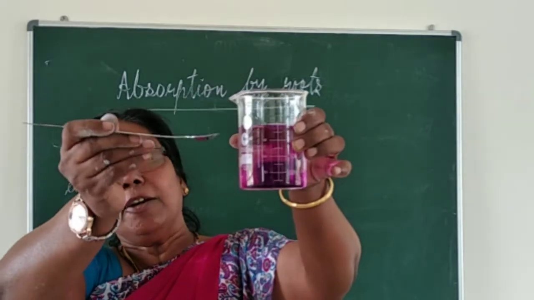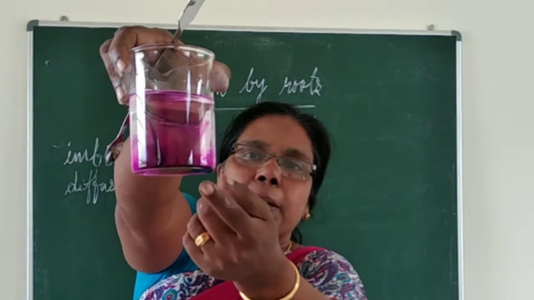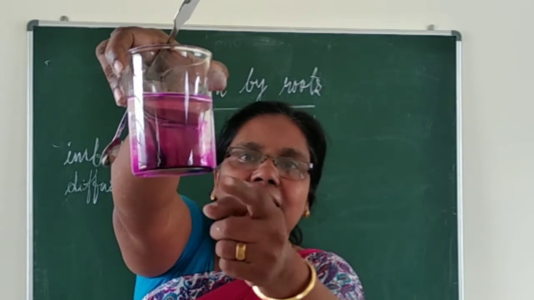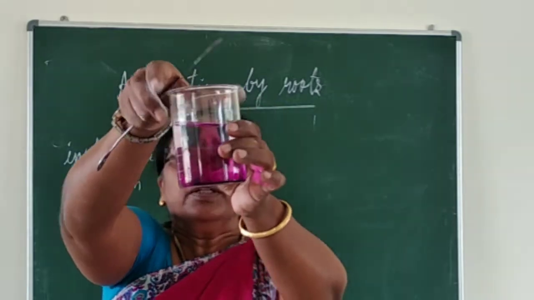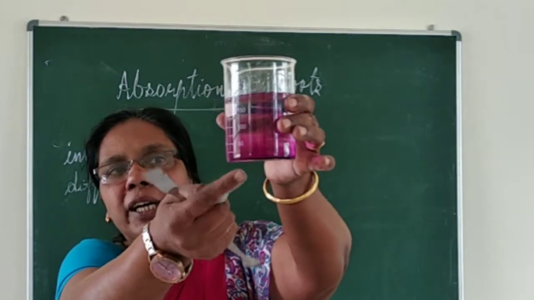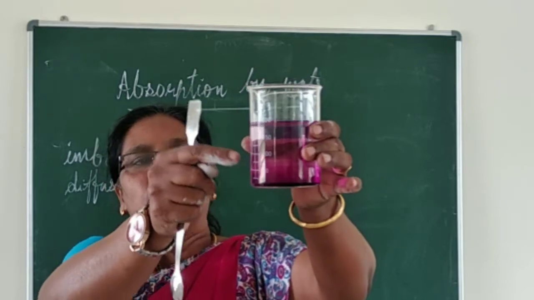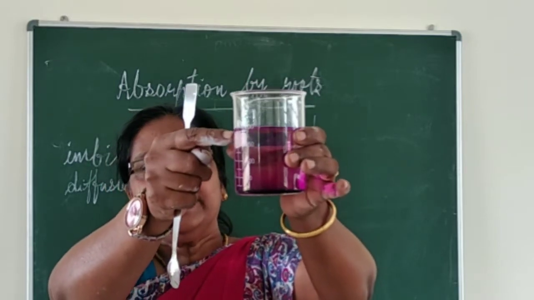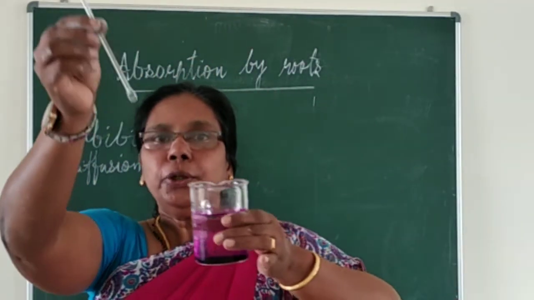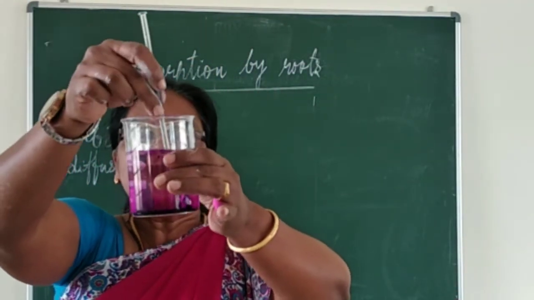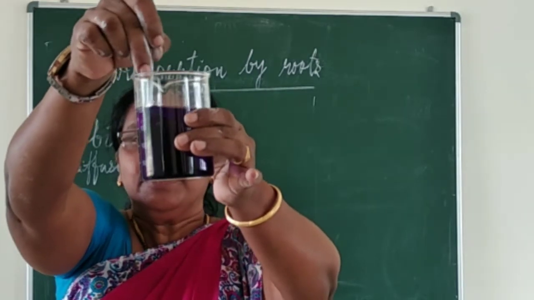Some crystals are still there, so the concentration is more where the crystals are, whereas here the solute concentration is less. Now this is a glass rod. Using this glass rod, I am stirring it. You see the color change?